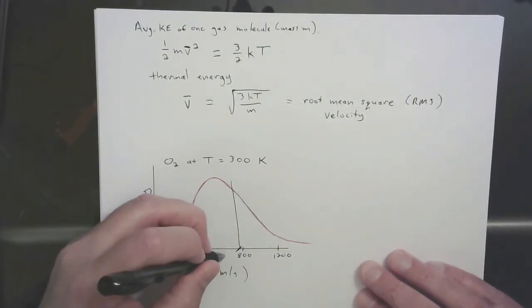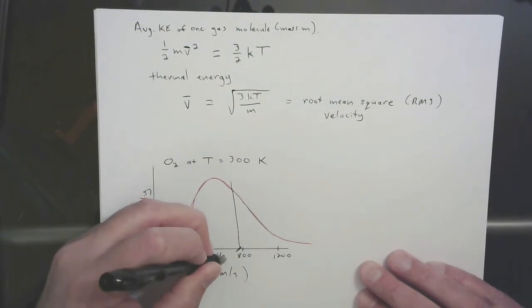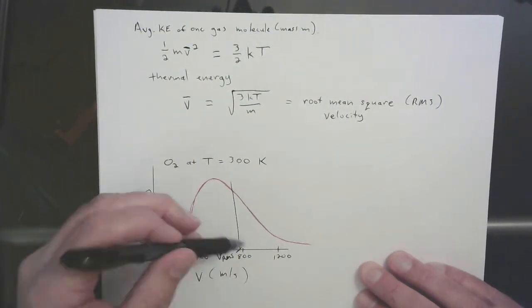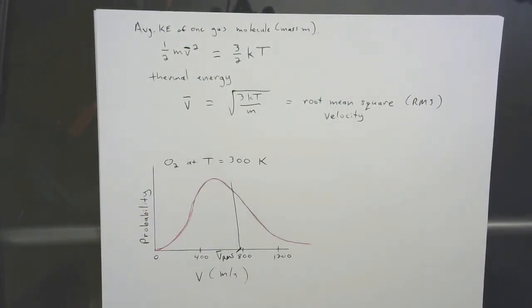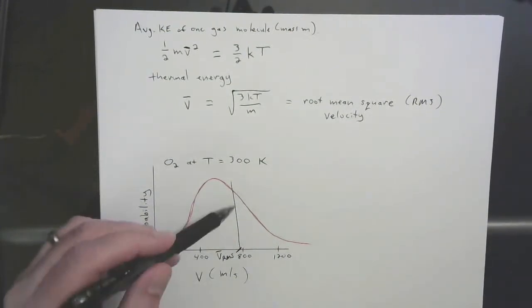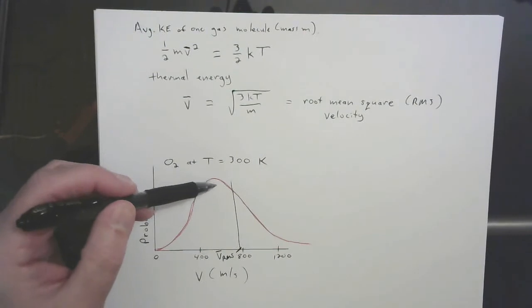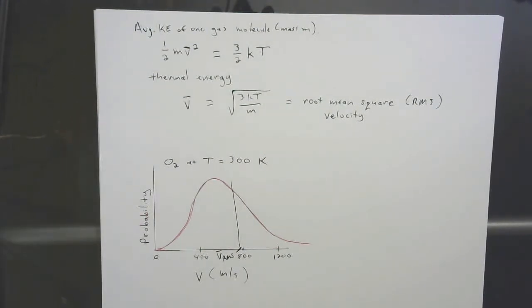My line will stand. So this is v_RMS down here. The v bar we calculate from this formula is skewed to the high side because we've done an average where we're weighting by v squared rather than just velocity. So the v_RMS is a little skewed from the peak here. It's of no concern. It really is the average kinetic energy, and it's just that those guys weigh a lot, so they're pretty potent out there.